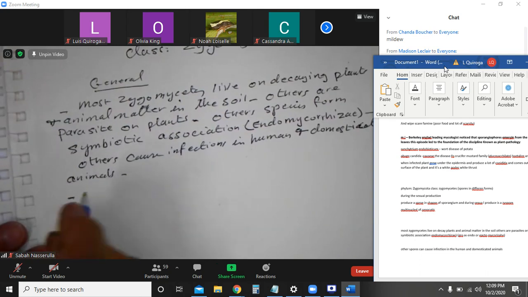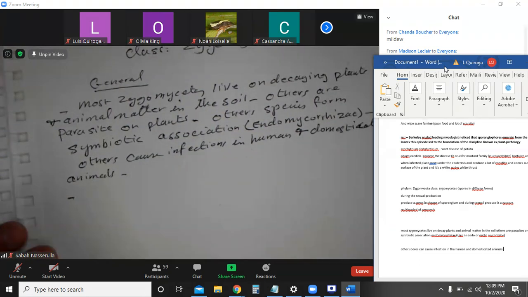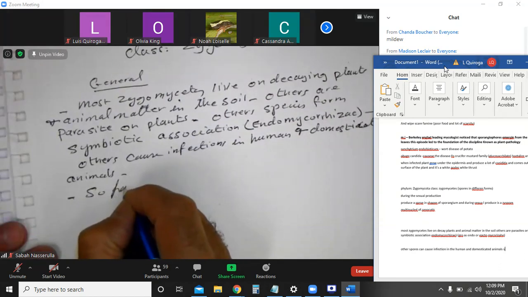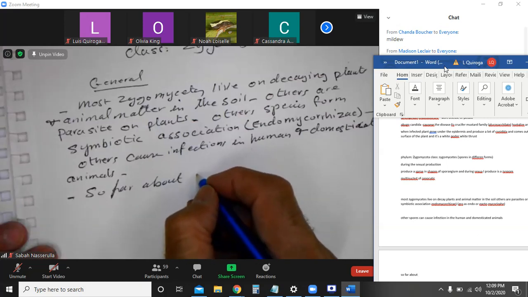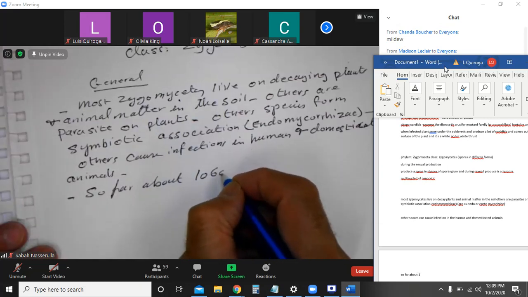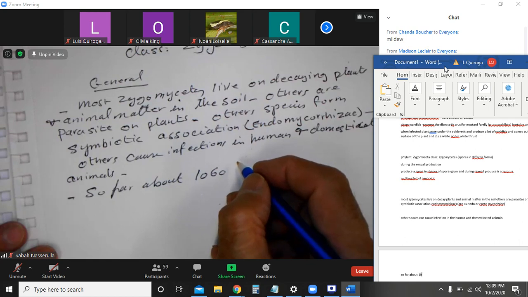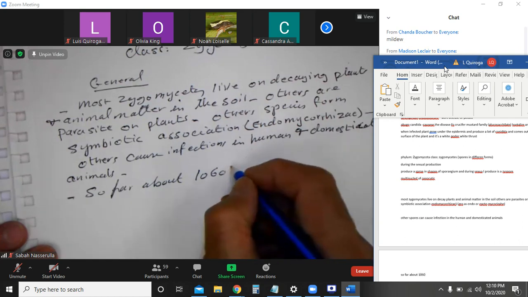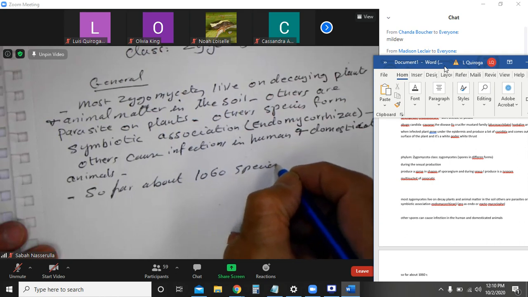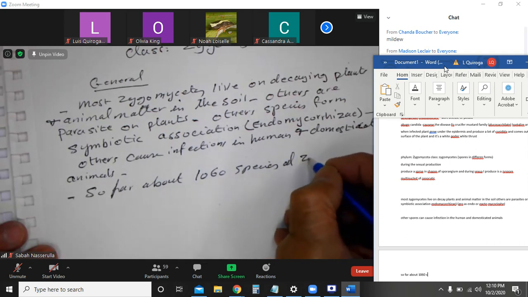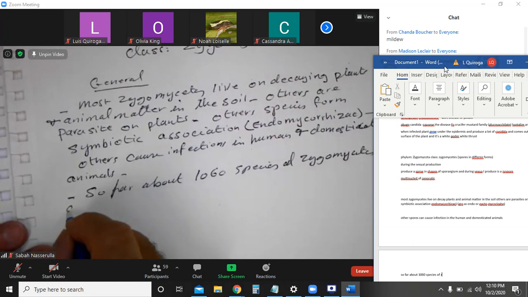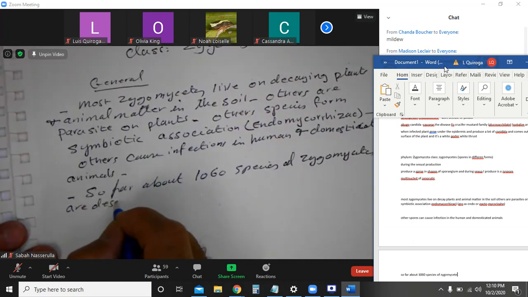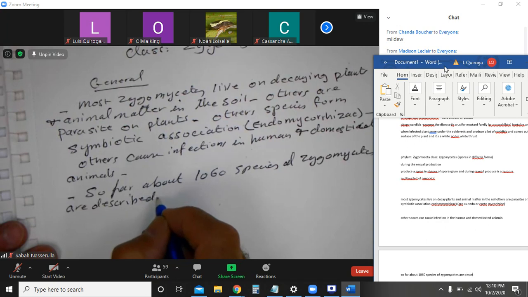Now, the other characteristic to mention: so far about 1,060 species of zygomycetes have been described or identified.